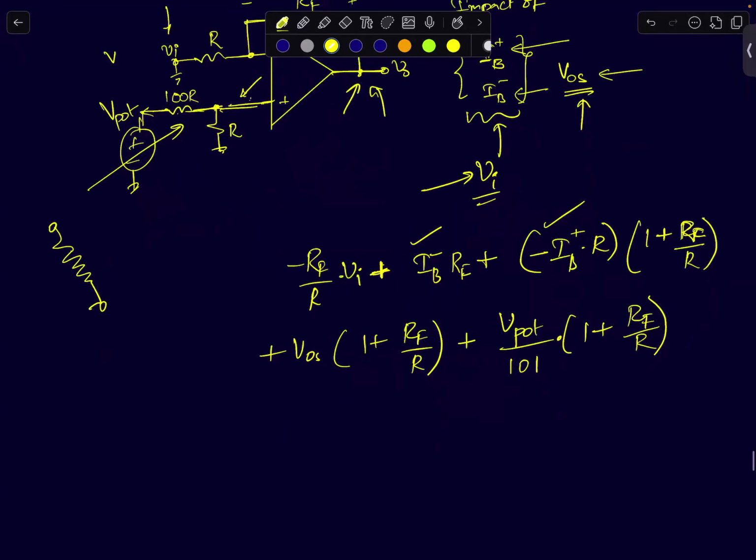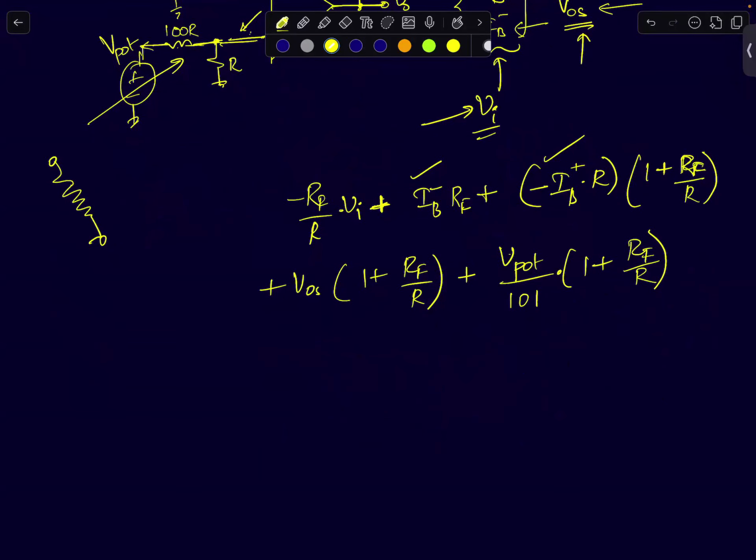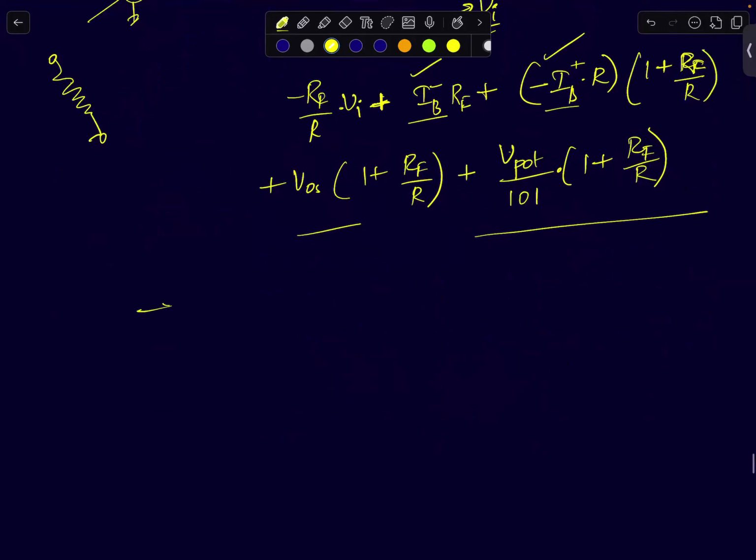That's it. So now you have the overall expression for the output with offset nulling circuitry, offset, base currents and non-offset nulling circuitry. So what you have here is RF by R times VI plus a host of other terms, and these 3 are non-idealities.